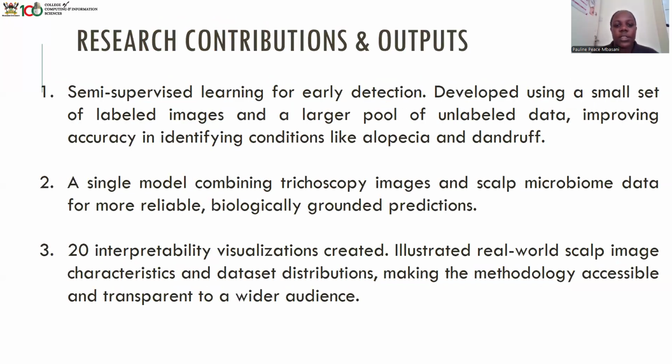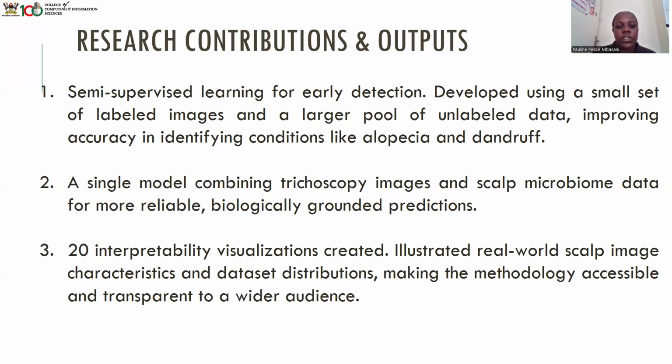And then these are some of the research contributions and outputs. Our main contributions are first, a semi-supervised learning framework for early scalp pathology detection. It uses a small labeled image dataset plus a larger unlabeled pool, and applies confidence-gated pseudo-labeling and consistency regularization.